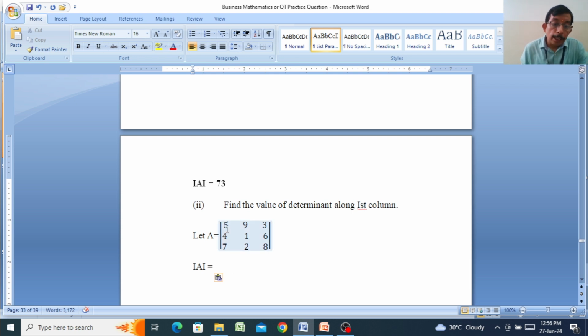The first column element is A11, and the corresponding cofactor is C11, plus the first column second row element A21. A21 row is second, column is first, and the corresponding cofactor of this element is C21.